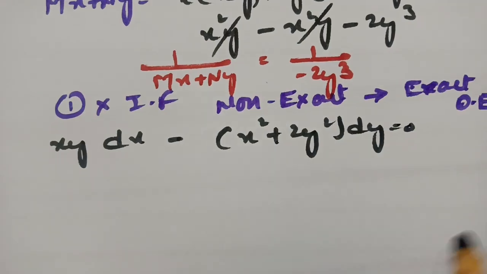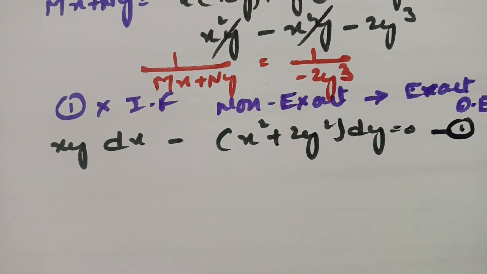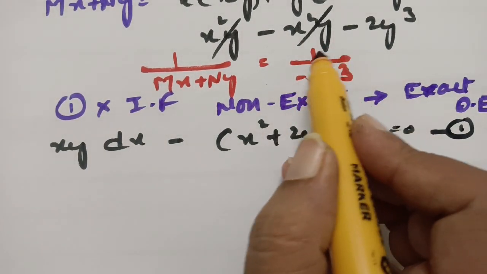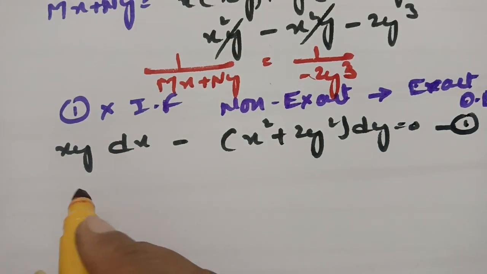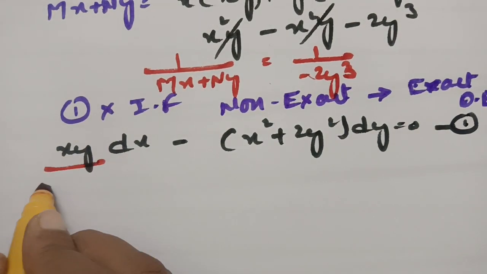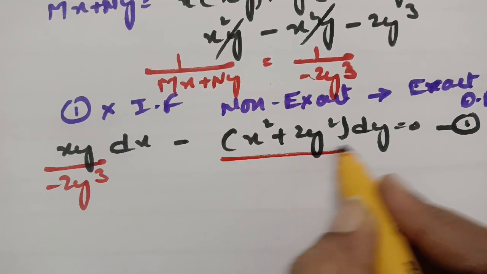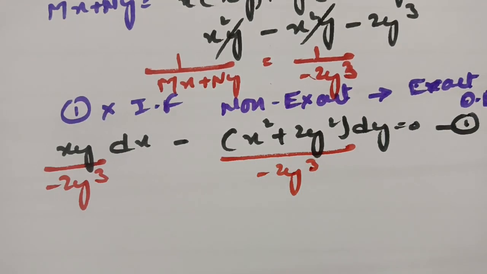If I multiply this equation 1 with the integrating factor, what is the integrating factor? 1 by Mx + Ny, that is 1 by minus 2y cube. So this equation is going to become an exact differential equation.